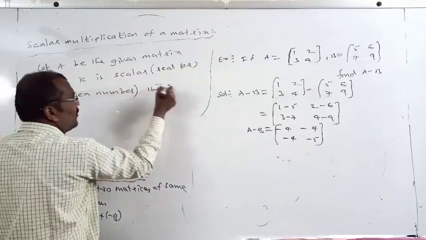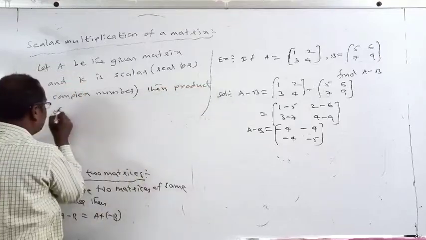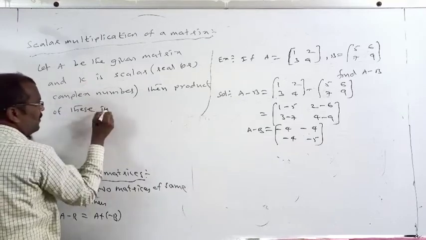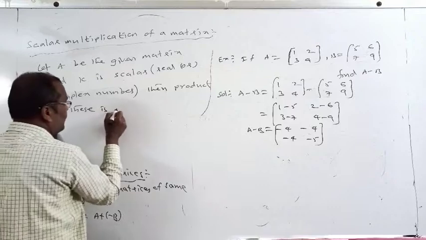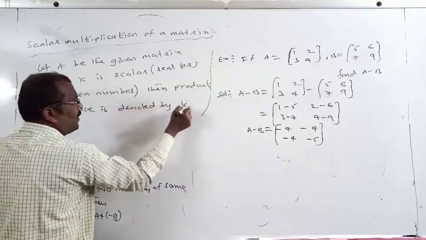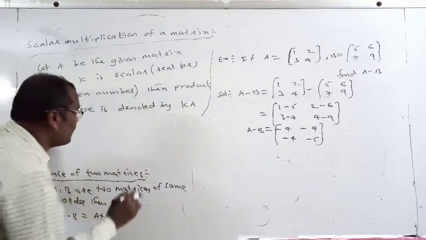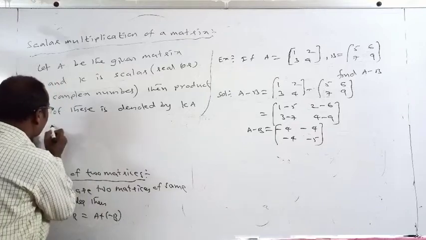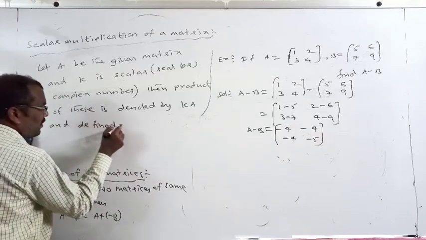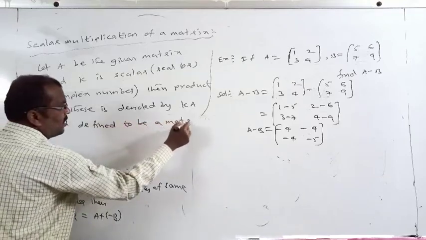Then the product of these two, k and A, is denoted by kA and defined to be a matrix. So the resultant is a matrix.